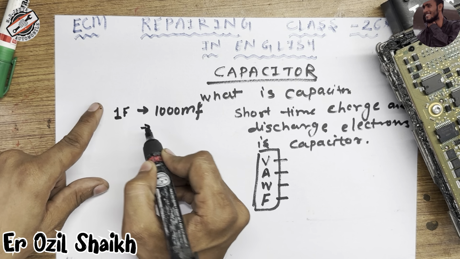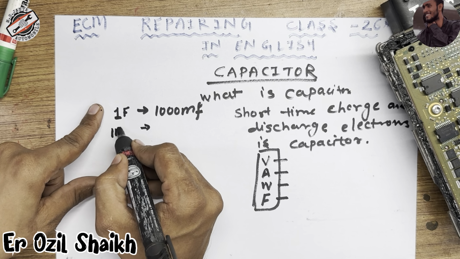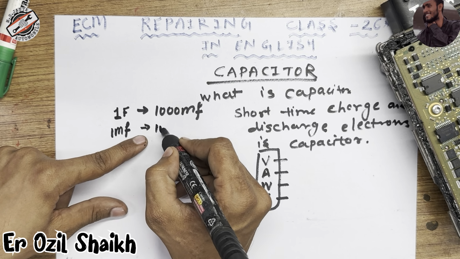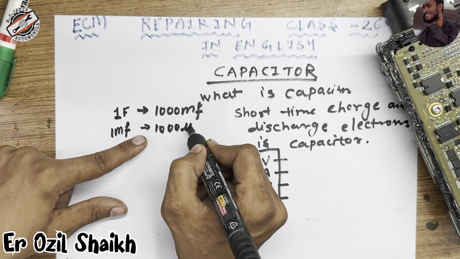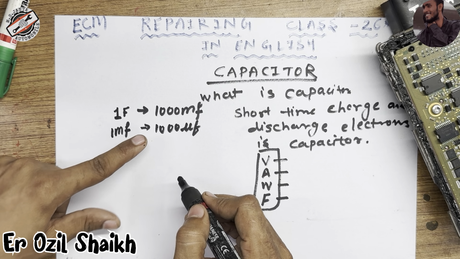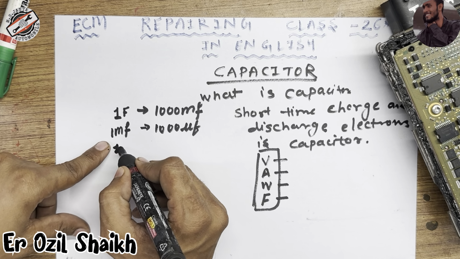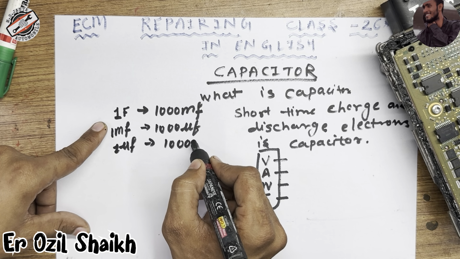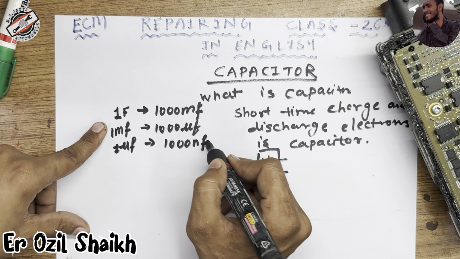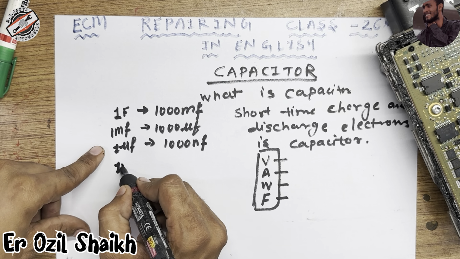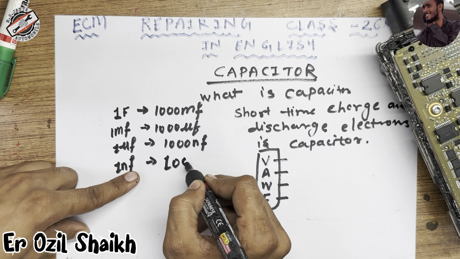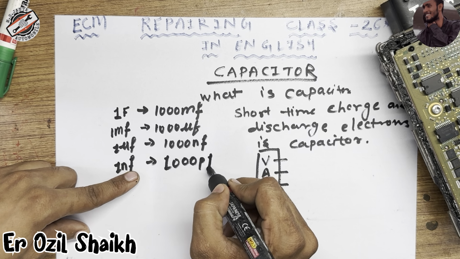And if you have 1 millifarad, it means you have 1000 microfarad. If you have 1 microfarad, it means you have 1000 nanofarad. And if you have 1 nanofarad, it means you have 1000 picofarad.